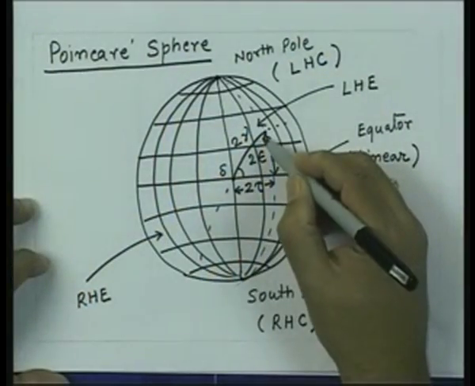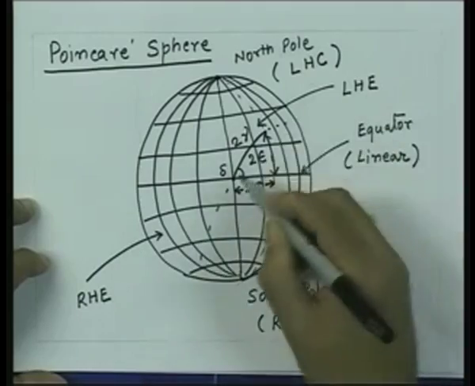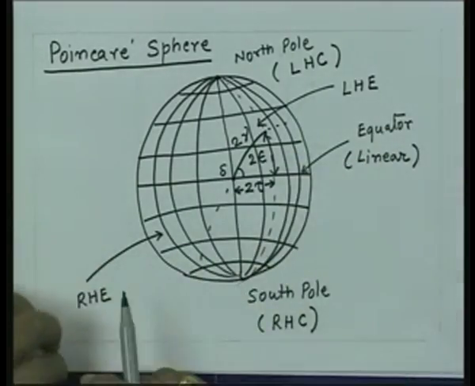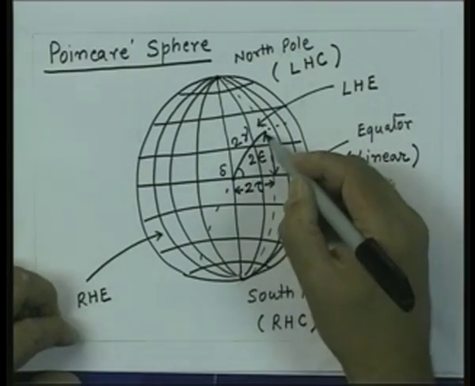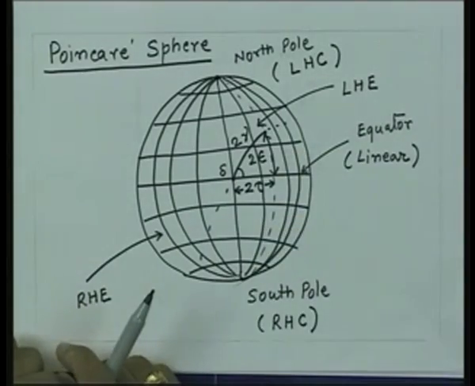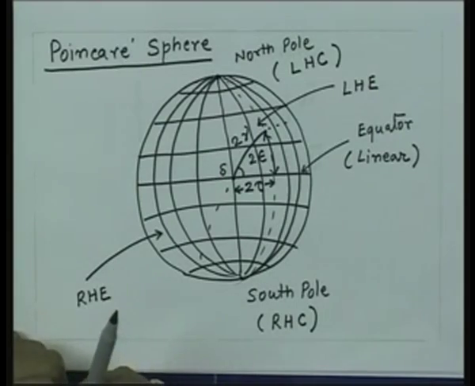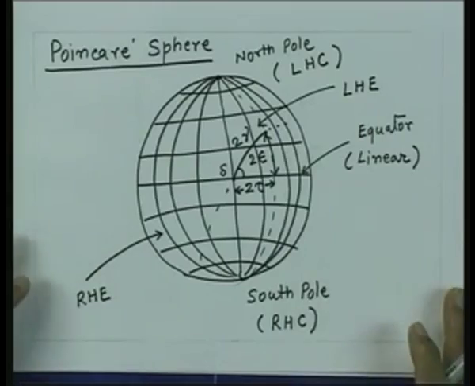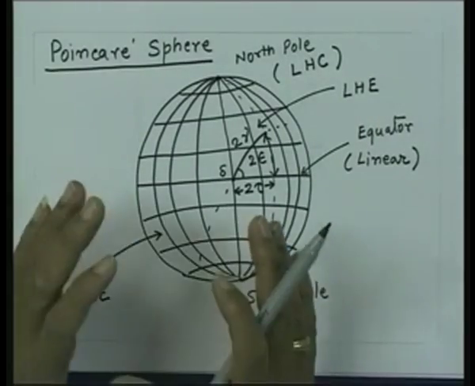And what the Poincare sphere does, essentially, it says that if I take the diametrically opposite point on the surface of the sphere, they represent orthogonal states of polarization. So, one of the utilities of the Poincare sphere is identifying the orthogonal states of polarization.